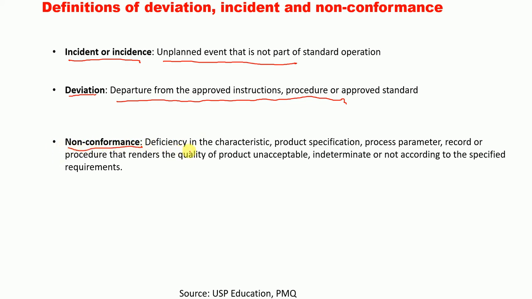Non-conformance is a deficiency in the characteristic, product specification, process parameter, record, or procedures that renders the quality of product unacceptable, indeterminate, or not according to the specified requirement.